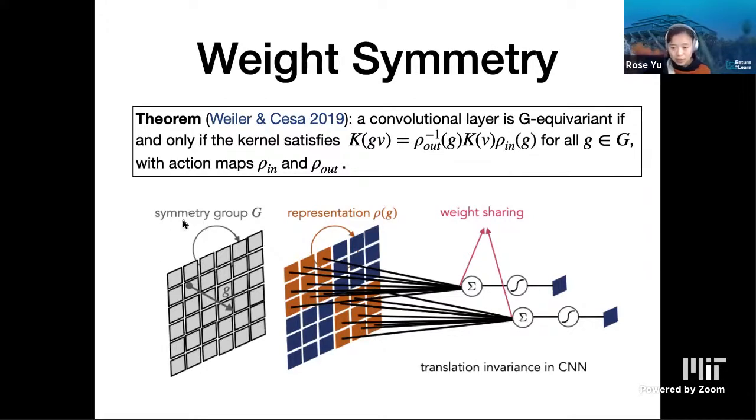So in this case, we consider the symmetry group of translation, right? We are translating a bunch of pixels from one position to the other. The way CNNs implement translational symmetry is that we consider the filter in this orange block. The weights within this orange block are freely trainable. However, the weights across these two orange blocks, across these two filters through translation, are entirely shared.